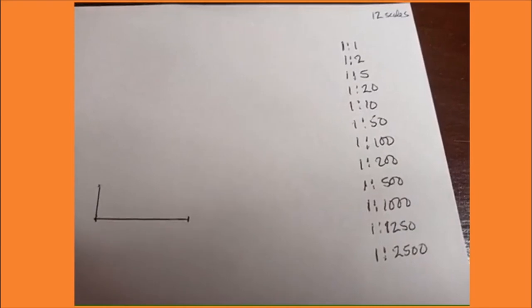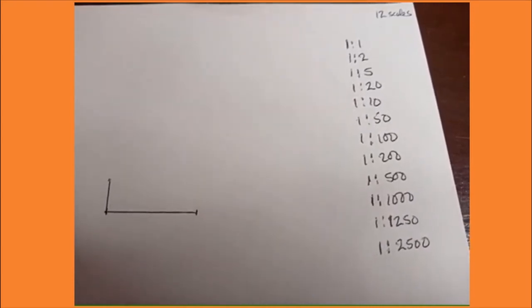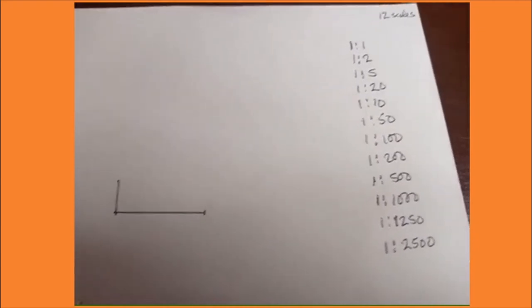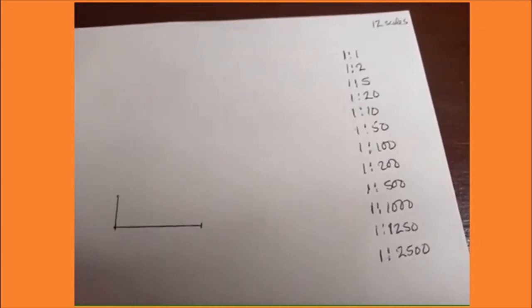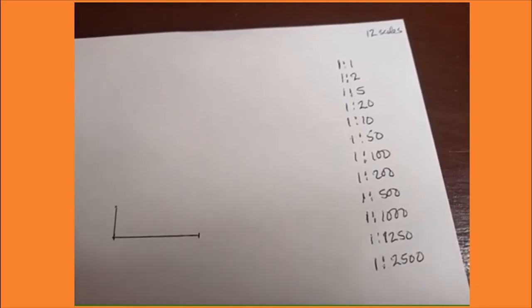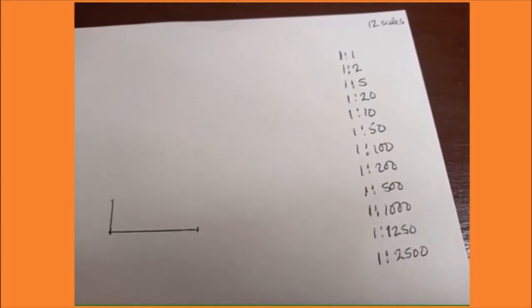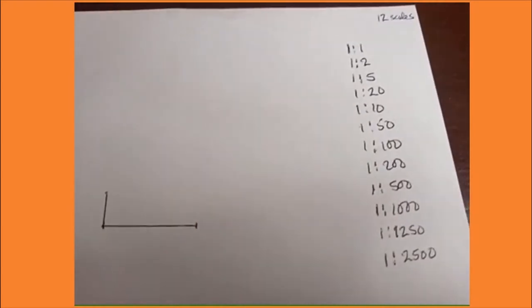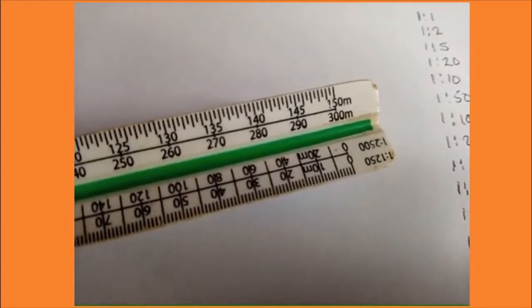A builder would normally use from about 1:500 going downwards up to 1:1. So for the work that we are going to do, we have been given a scale of 1:20. So let's look for 1:20.